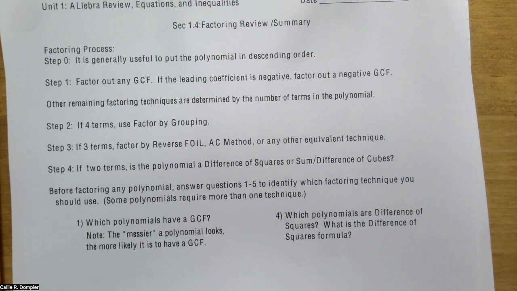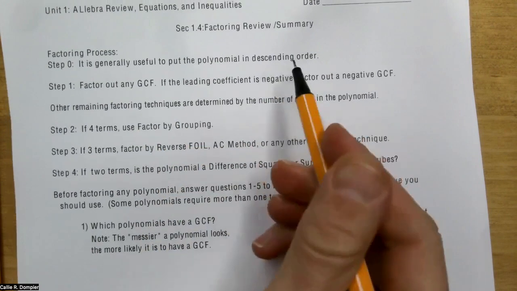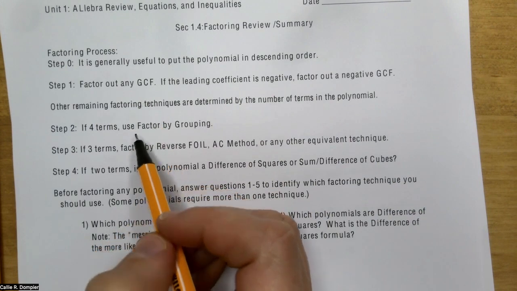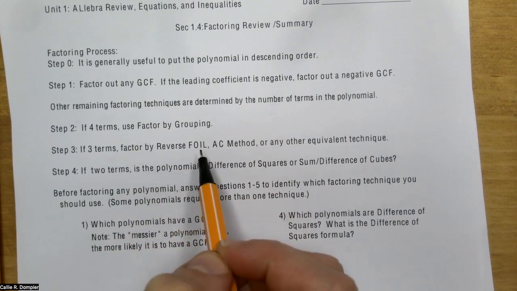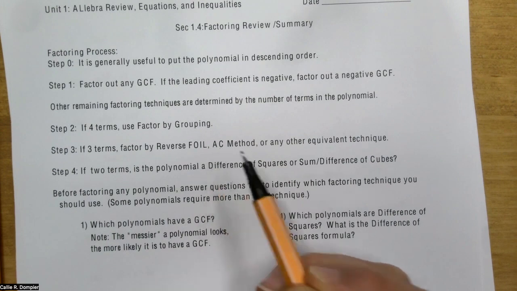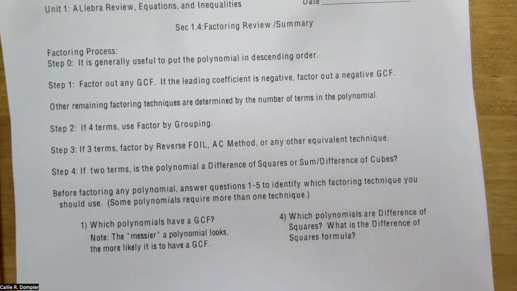And then after you've put it in descending order and you've factored out the greatest common factor, you're going to either factor by grouping, factor by reverse FOIL or AC method, or any other equivalent technique such as the quadratic formula, if you like that one, okay? If it has two terms, you can see if it fits into the rule for the difference of two squares, the sum of two cubes, or the difference of two cubes, okay?